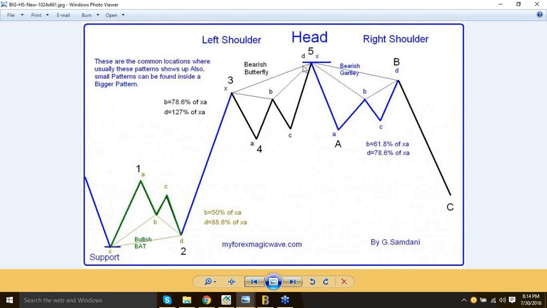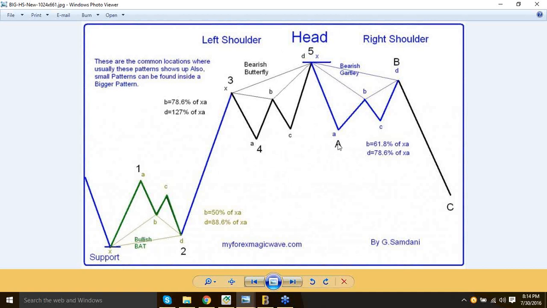Butterfly most likely. Once in a while, when the move is very fast or momentous, then you see a crab pattern. But usually it's a butterfly. Extended pattern means this wave 5 goes beyond the point of wave 3 or the starting point of this pattern, followed by an A, B, C correction.